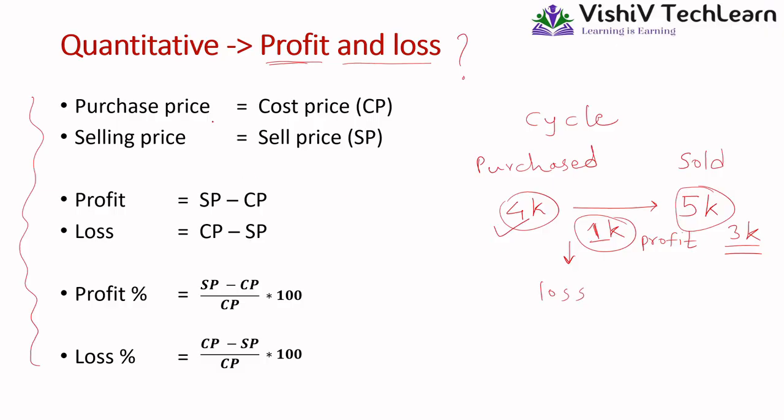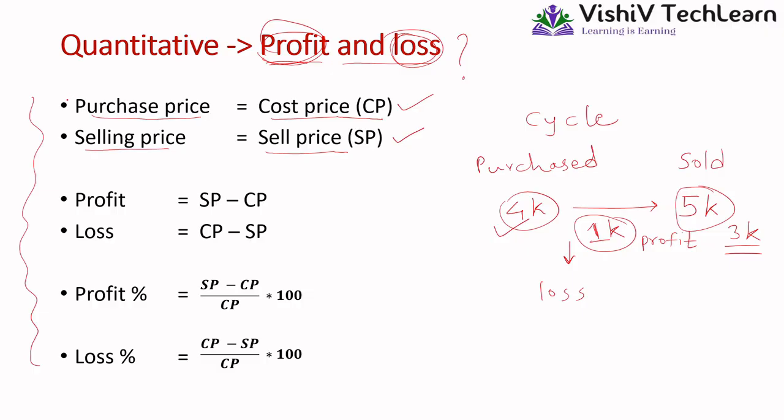Correct? So basically, when do we have profit and when do we have loss? When there is a purchase of any product, the price is known as cost price, and when we sell that same product, the price is known as selling price or sale price. When we have CP and SP, at that time we have either profit or loss, or maybe a no profit no loss condition.